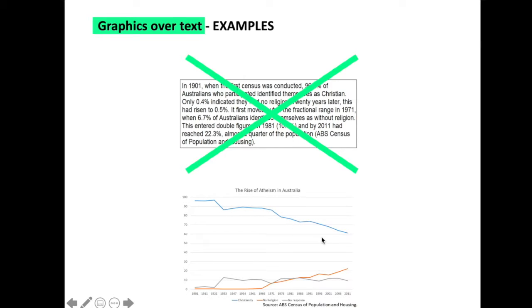The blue line represents Christianity, and we can see that from the early 1900s, Christianity has been falling, whereas around about the 1960s, atheism has been rising in Australia. The grey line represents no response, which has been fairly consistent over time.